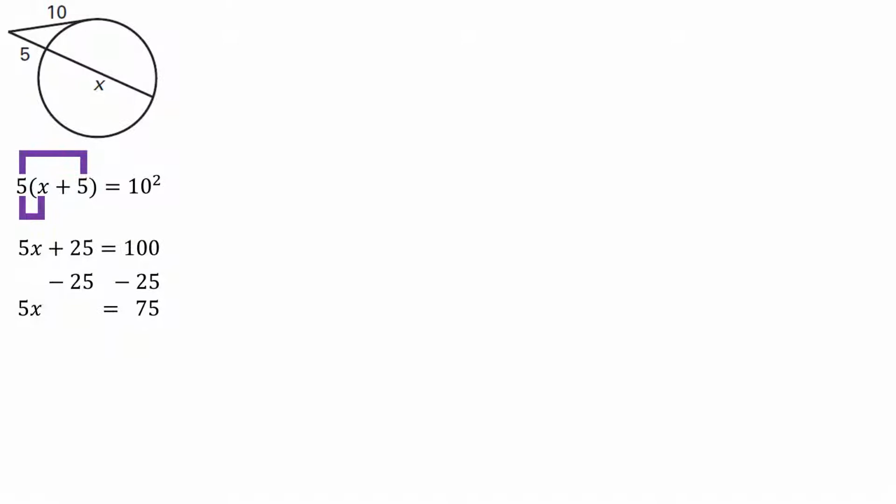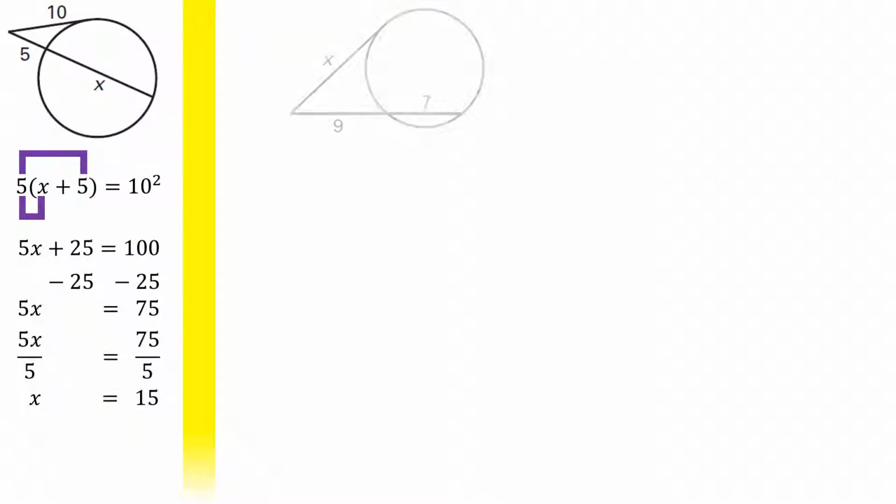And then the opposite of multiplying by 5 will be dividing by 5. Okay. External part of the secant is 9. The entire secant is the 7 plus the 9. Because the other one is a tangent, we'll just do x squared.